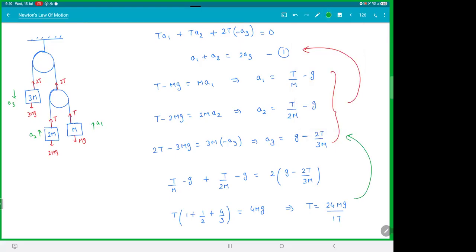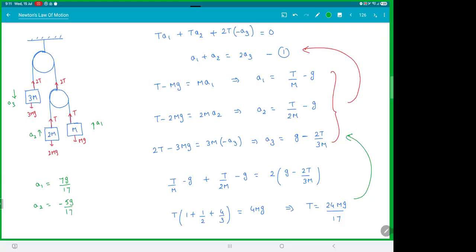Once you got the tension, put it back in this. So if you substitute the values there, you end up with A1, which is T by m minus g. That's 24 by 17 minus this, so that's like 7g by 17. A2, that's 12 by 17 minus 1, that is 7g by 17 minus 5g by 17.